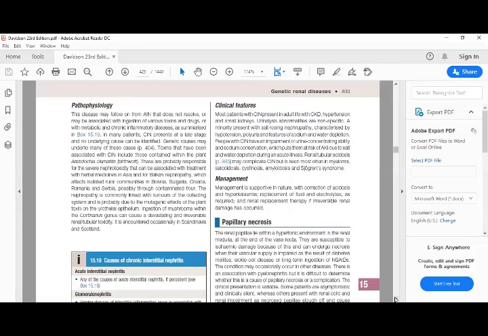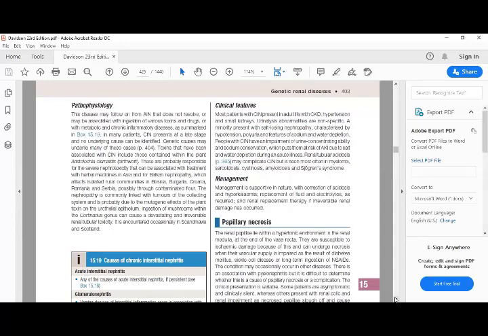Management is supportive in nature, with correction of acidosis and correction of hyperkalemia, replacement of fluid and electrolytes as required, and renal replacement therapy if irreversible renal damage has occurred.